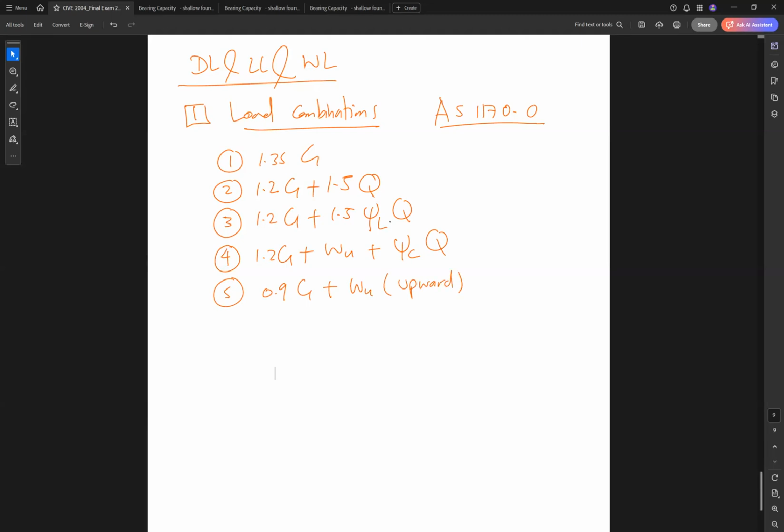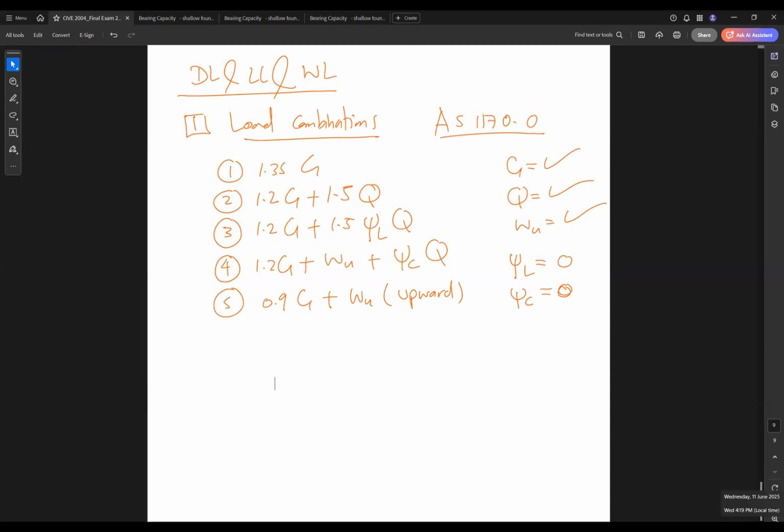Okay. So if you already calculated G and Q and WU and you know epsilon L and epsilon C, for example, if we use a roof, this will be 0. So let's assume it is 0 here. But do you know already how to get it?